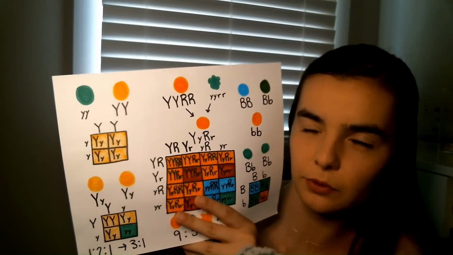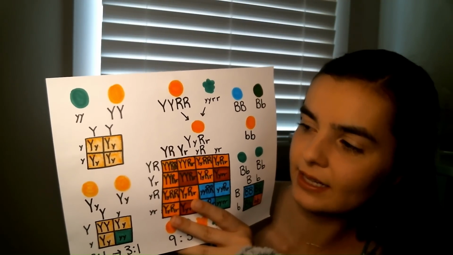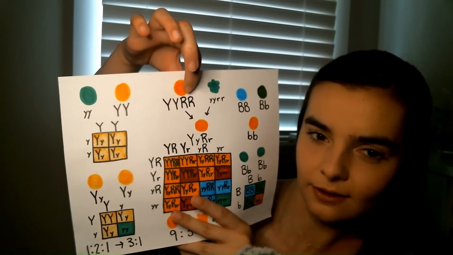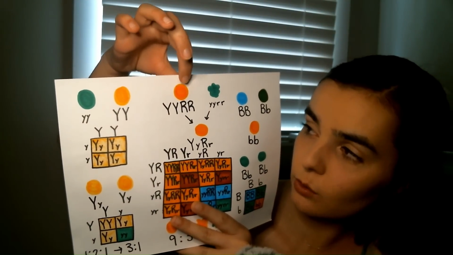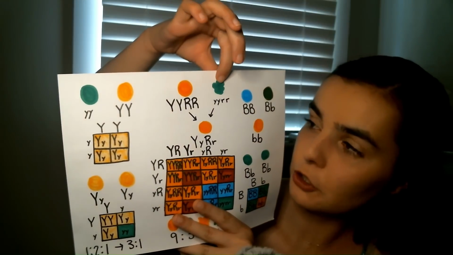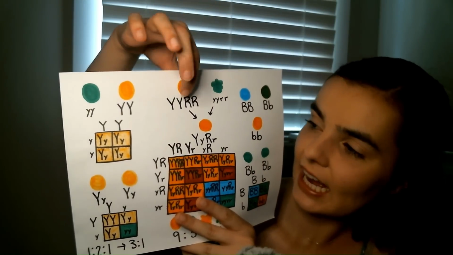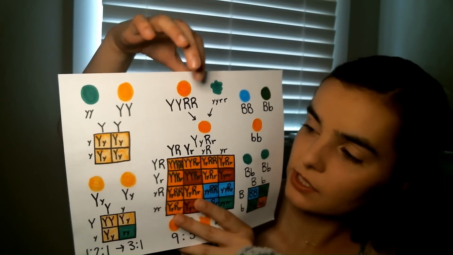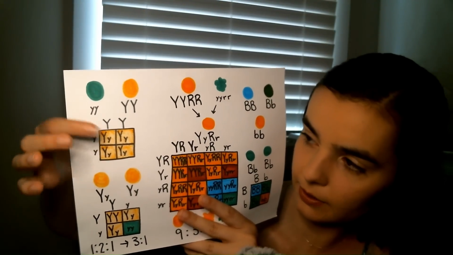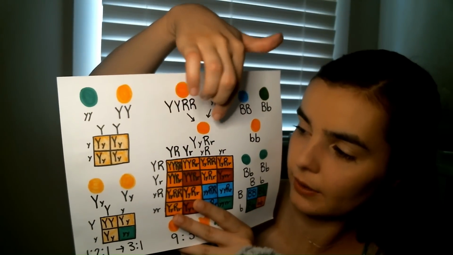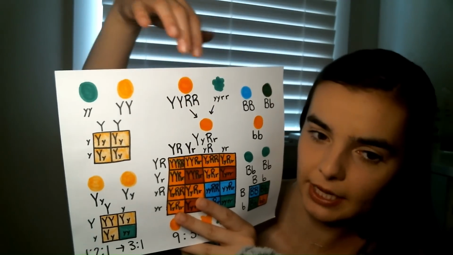I guess smooth, round, same thing. I'm using round because, yeah, R. So if we have a yellow round and a green wrinkled, and we cross those, again, we get heterozygous for both, just like over here. So yellow and round, but heterozygous.